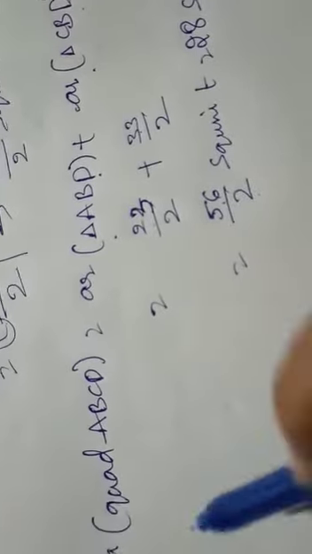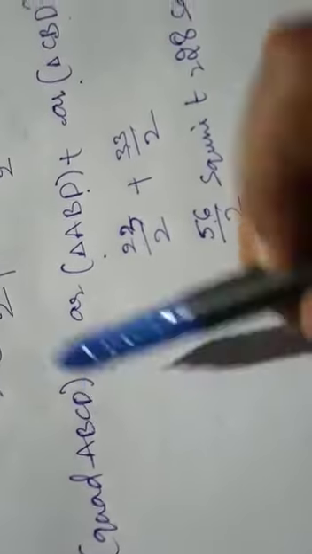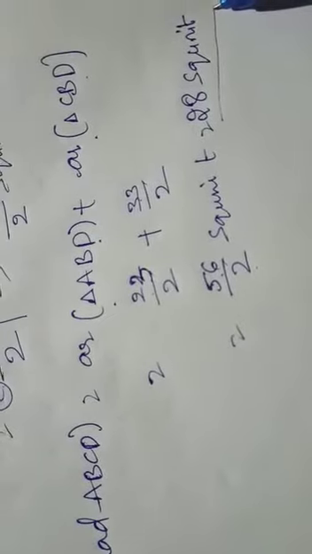Therefore, the area of the quadrilateral ABCD is 28 square units.